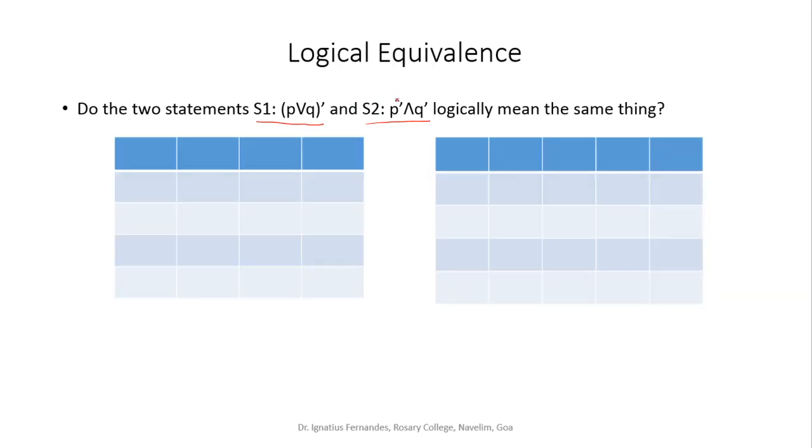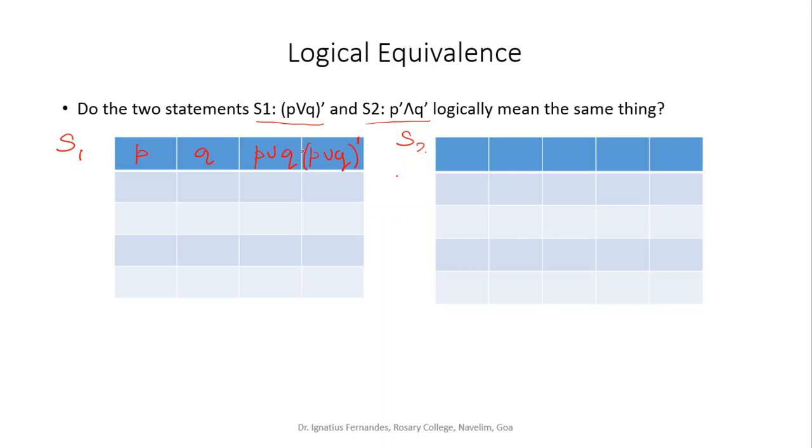So going back to the truth table. Let us say I want to write down a truth table for S1 and then a truth table for S2. S1 has P and Q, so accordingly we write P, Q. Then I need P or Q, and then finally I want the negation of P or Q. Before you start writing these truth tables, you must recall those 5 basic truth tables of OR, AND, NOT, conditional and biconditional.